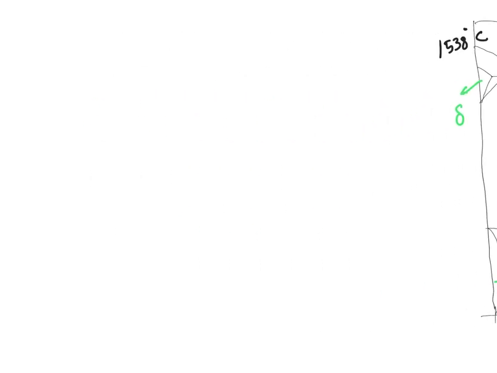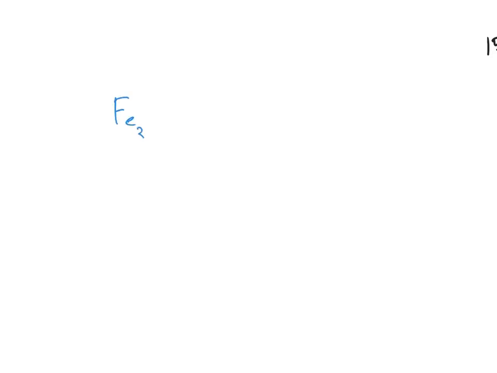What happens is, since this cementite is a metastable product, it will decompose under certain circumstances. It will decompose into iron and carbon, and this carbon will be in graphite form.